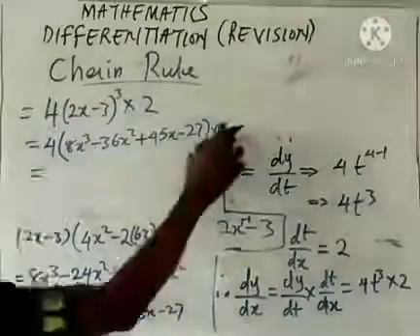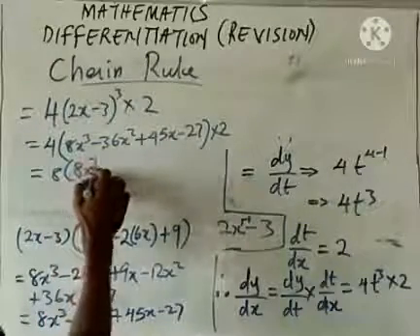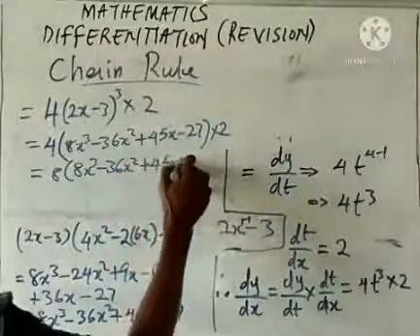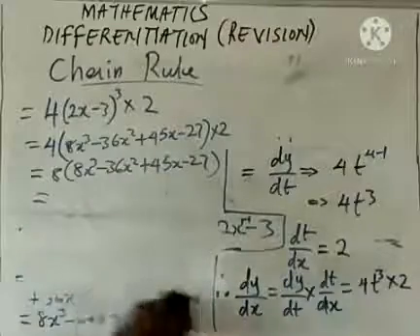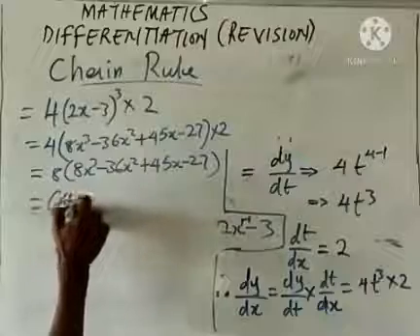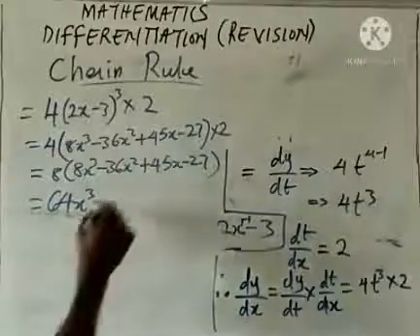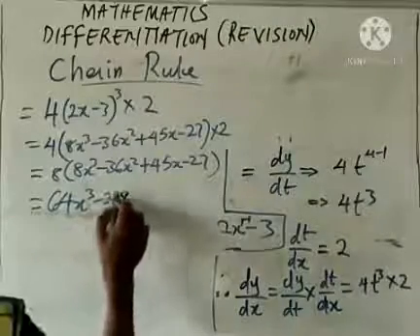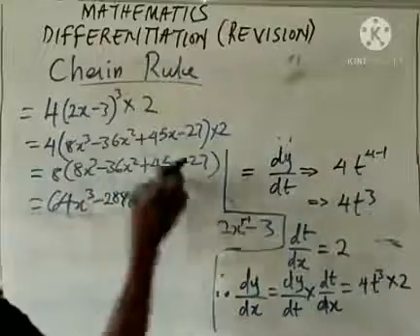Now I will have this times this, giving me 8 into 8x cubed minus 36x squared plus 45x minus 27. So from there, I can now have 8 times 8 to be 64x cubed. 8 times 6 will give me 48. Remember 4, 8 times 3 will be 24 plus 4, 28, x cubed x squared plus this times 5 is 40.